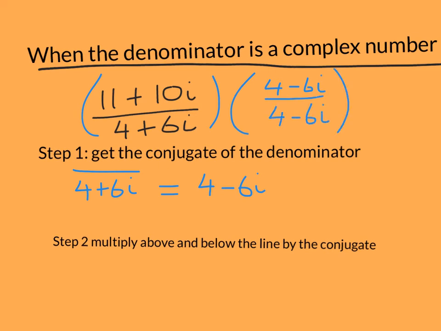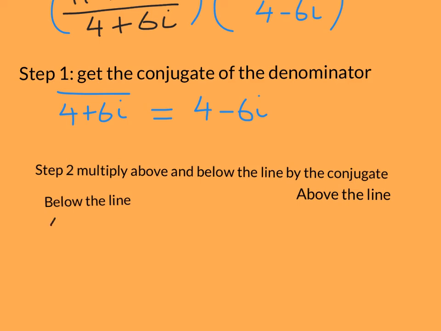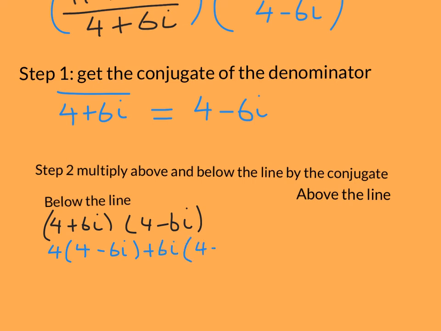And for your convenience, I always start in the bottom first and multiply out the bottom and then multiply out the top. So if I look at multiplying below the line first, 4 plus 6i multiplied by 4 minus 6i. You can use the split the bracket method here from algebra. I'll go ahead and use that myself just as a little bit of revision. So 4 multiplied by 4 minus 6i, plus 6i, so taking the second part of that first bracket, multiplied by 4 minus 6i.